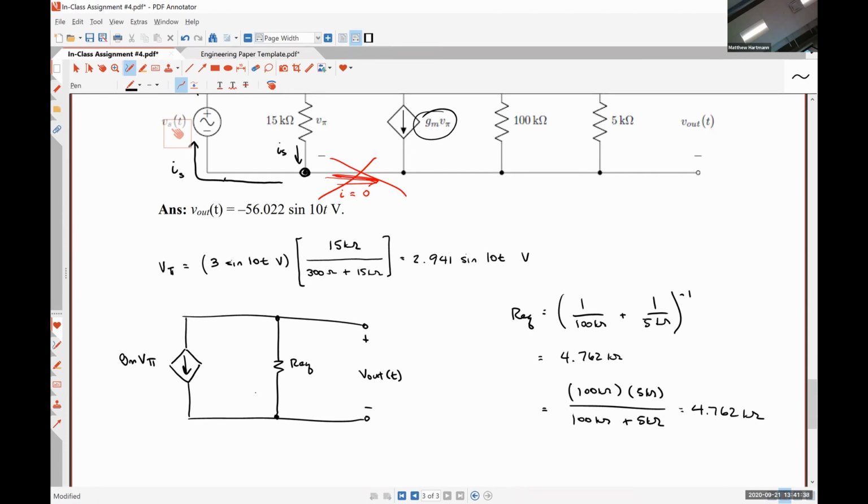So KCL doesn't really help us because it will tell us that gm vπ is equal to gm vπ. So when I have a current and a resistance, and I want to find the voltage, what do I use? Ohm's law, right? All right. So using Ohm's law, what is our output voltage going to be?